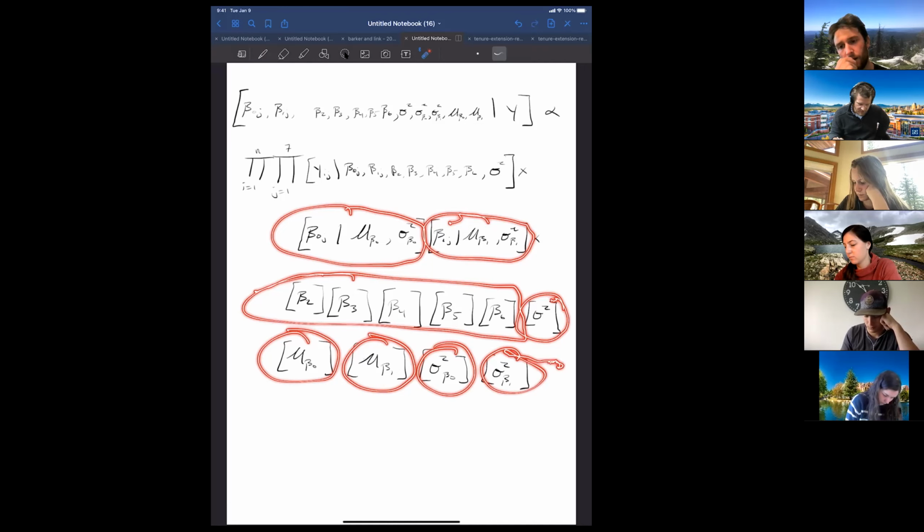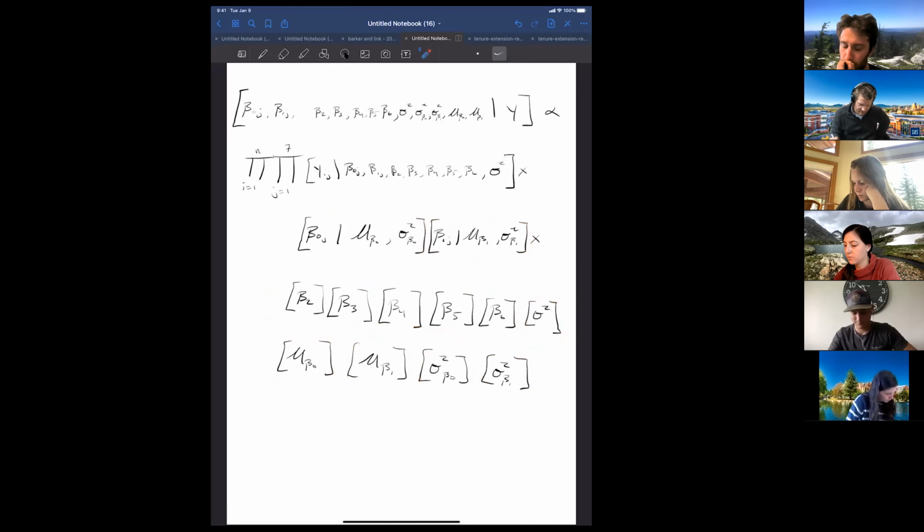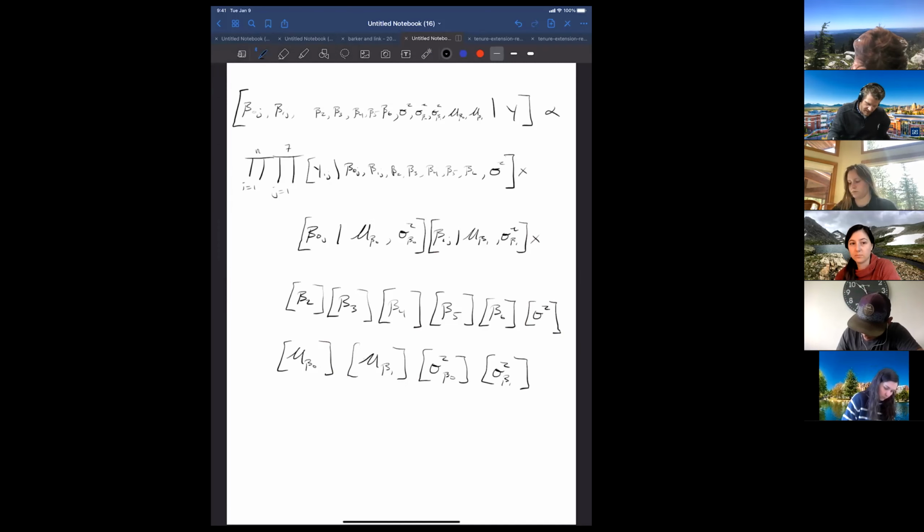Full conditional distributions. We need to write out 1, 2. Let's see, 1, 6. Here's what I'm going to do, just going through the line on my screen.